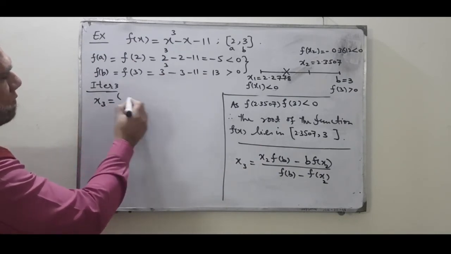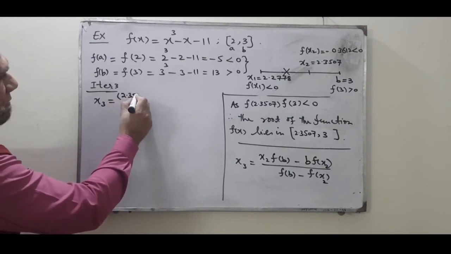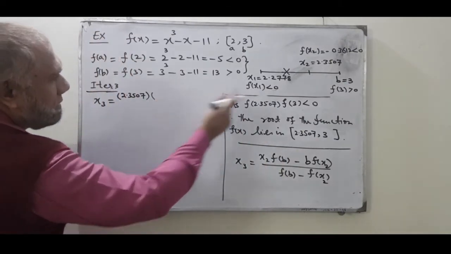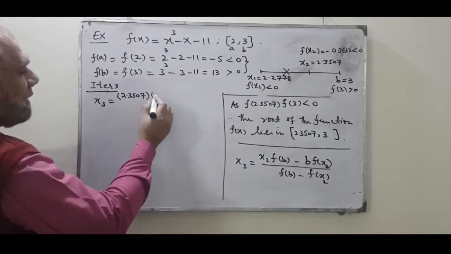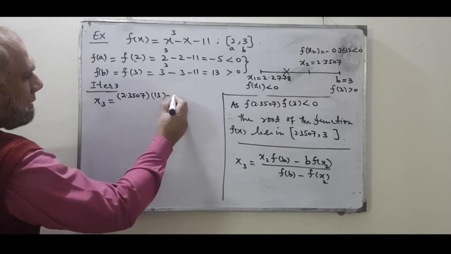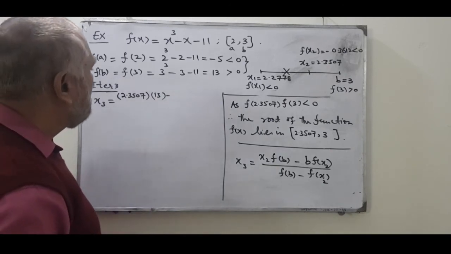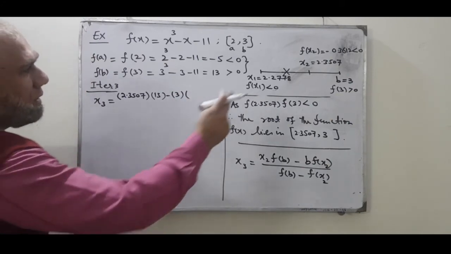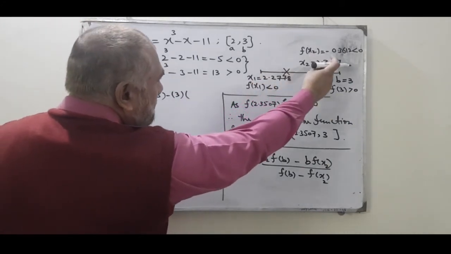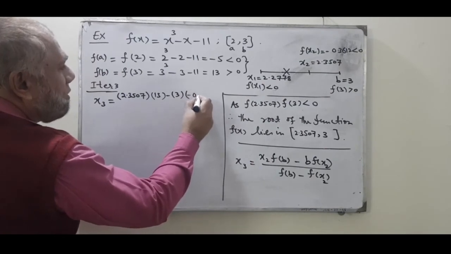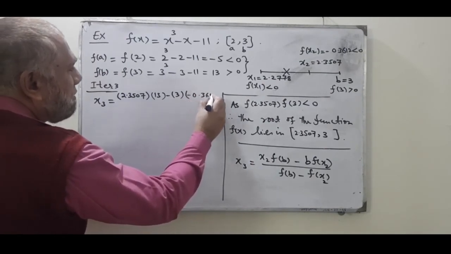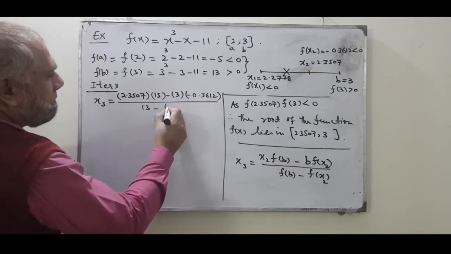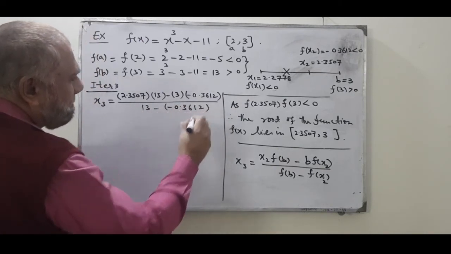X2 is 2.3507. This is your X2. FB is the value of the function at the right hand point, and that was equal to 13, minus B times the function value at X1, and the function value at X2 is minus 0.3612, whole divided by 13 minus 0.3612.